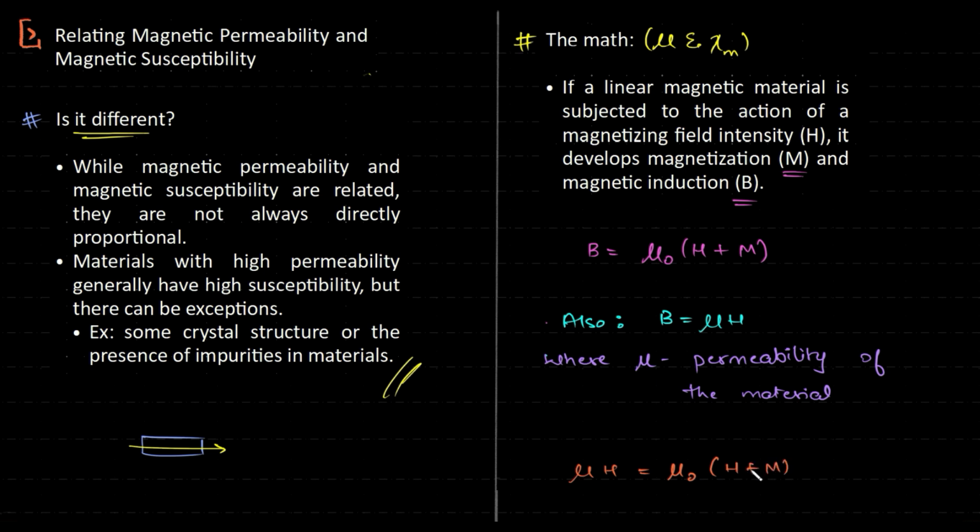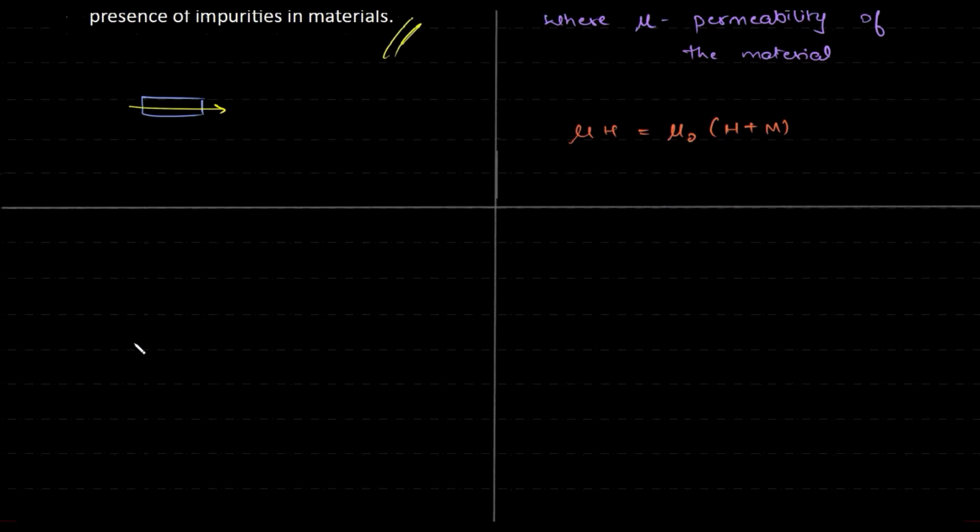Still, we don't have the susceptibility. Still not yet gone over there. How do we do that? So susceptibility is given by M by H. It is M by H, right? Okay. So I can substitute here.